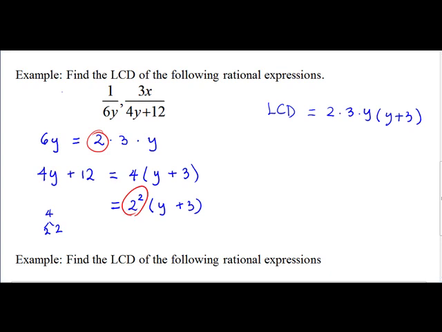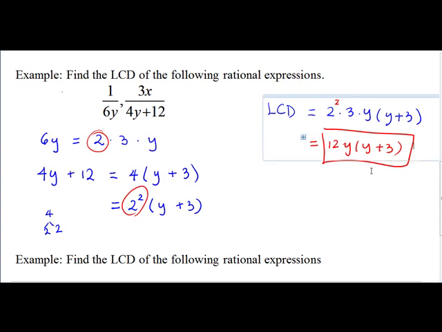Since it's common, I have to pick the one that has the larger exponent, which is 2 squared. So the LCD will be the product of all these factors, which is 4 times 3 is 12, times y times y plus 3. This is the answer. Let's try another example.